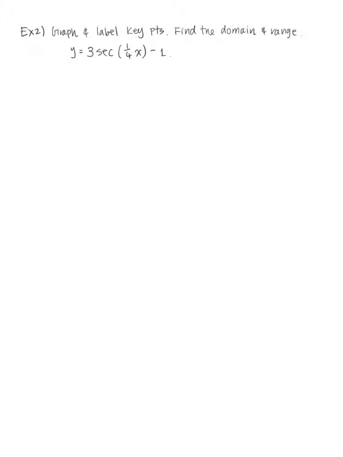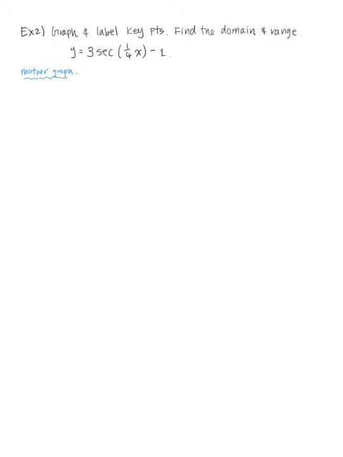Okay, next example, let's graph and label key points of y equals 3 secant of 1 over 4 x, minus 1. Okay, so let's first do the same thing, mother graph. Oh, before we do the mother graph, how about we determine the amplitude and the period.